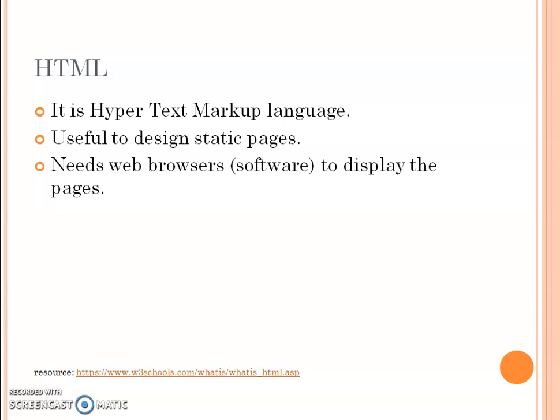Hypertext refers to the hyperlinks that an HTML page may contain. For example, whenever you open the Google page, there are some hyperlinks. If you want to open Gmail, there is a button or a link for Gmail.